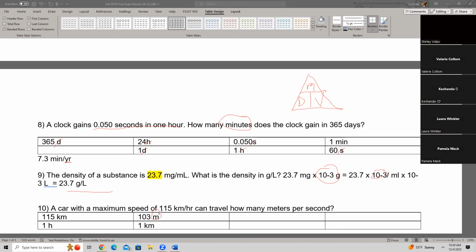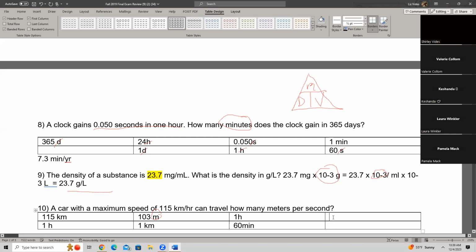Meters is what we want on top. Now we need to convert the hours. On this one, it's easy. 1 hour is equal to 60 minutes. And 1 minute equals 60 seconds. And look, this one would have also canceled.